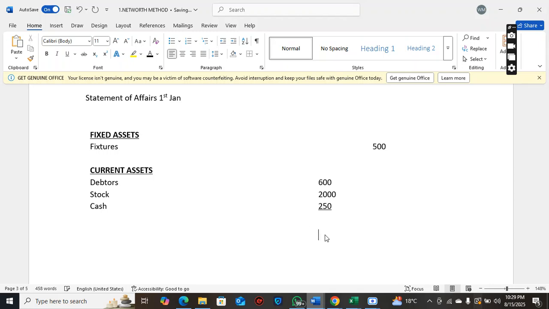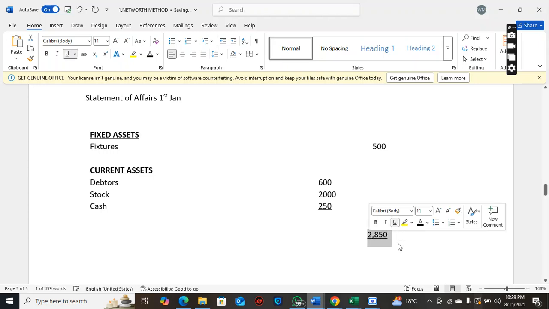We get 2850. So we get our total assets, 2850 plus 500.